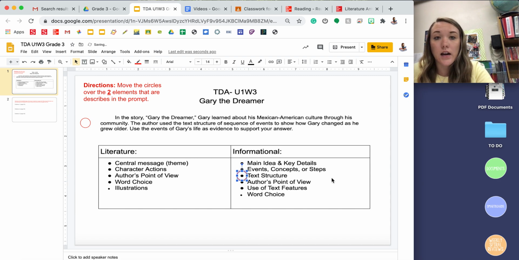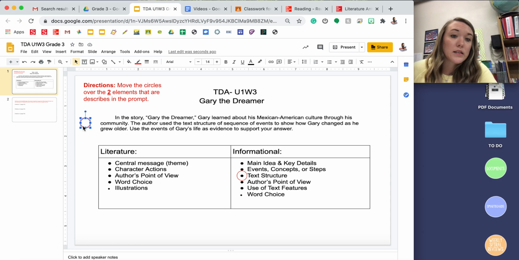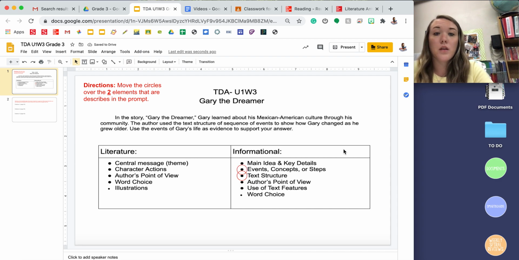This text is set up as a sequence of events, so putting events in order. This text is about Gary, so the events are the order of Gary's life. I also noticed the word events. So my second element is events, concepts, or steps.